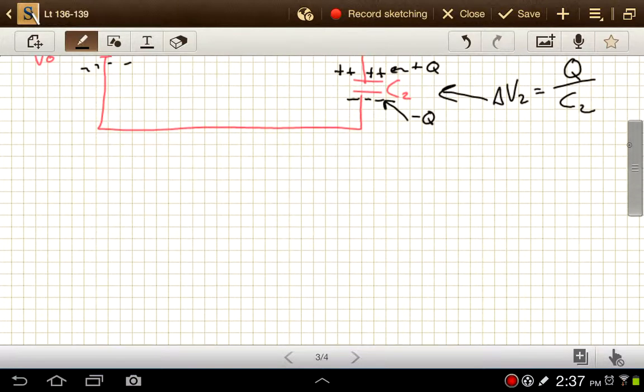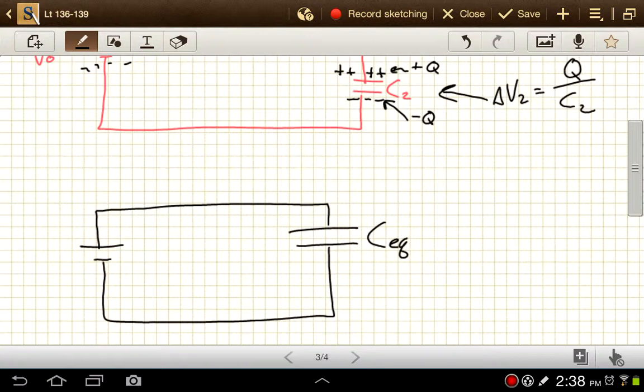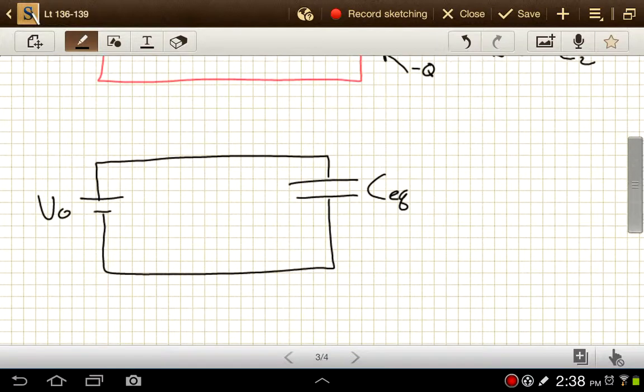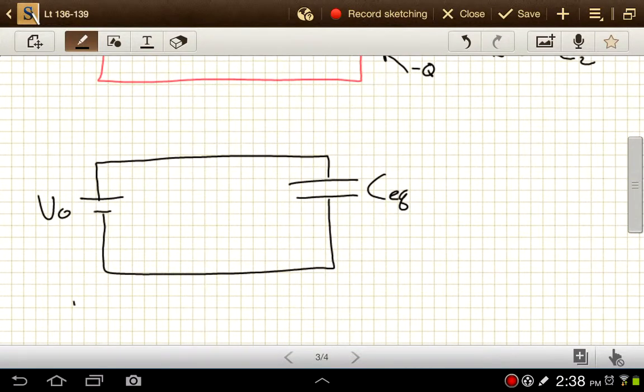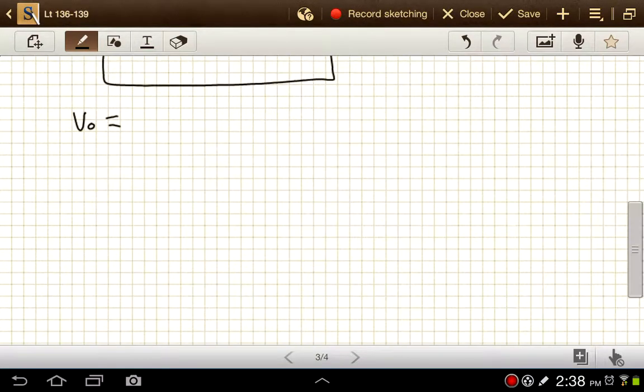Now if I try and make a circuit that has just one capacitor that behaves the same way as those two capacitors in series, so I'll have the equivalent capacitance here. This will be V0 again. We know that V0 has to be equal to the voltage dropped across this capacitor plus the voltage dropped across this capacitor. So delta V1 plus delta V2.